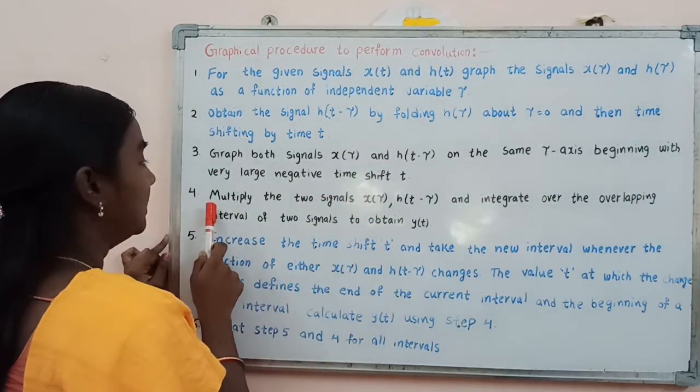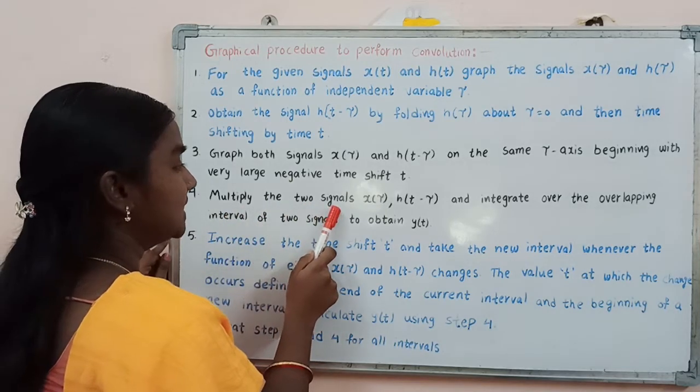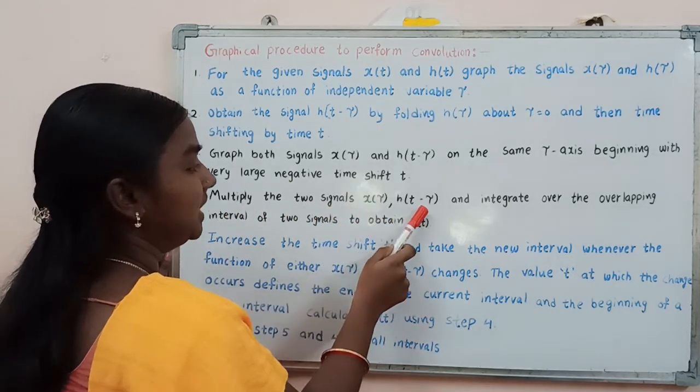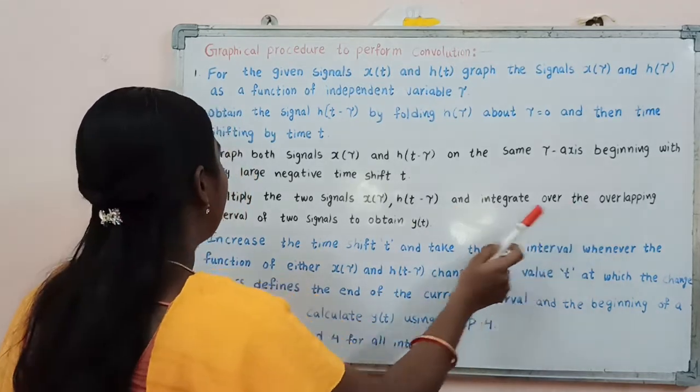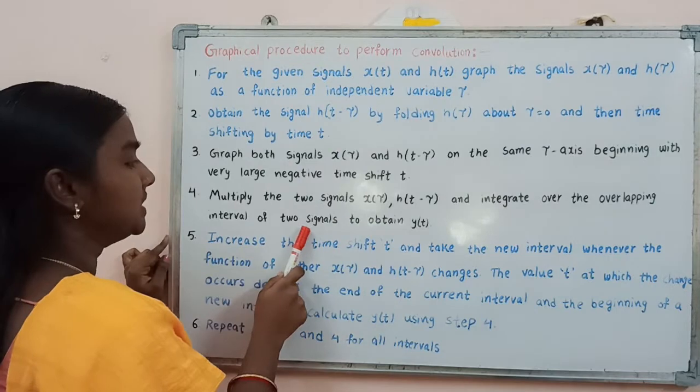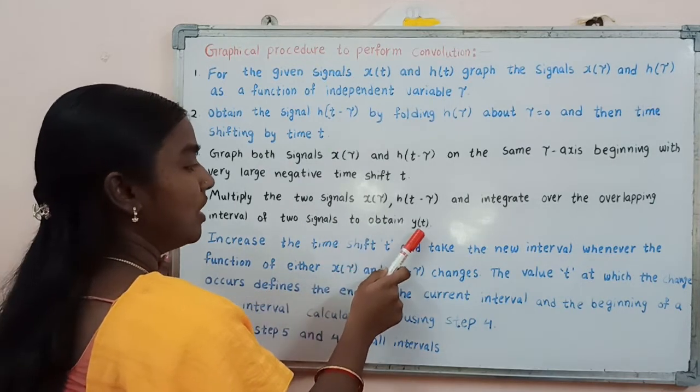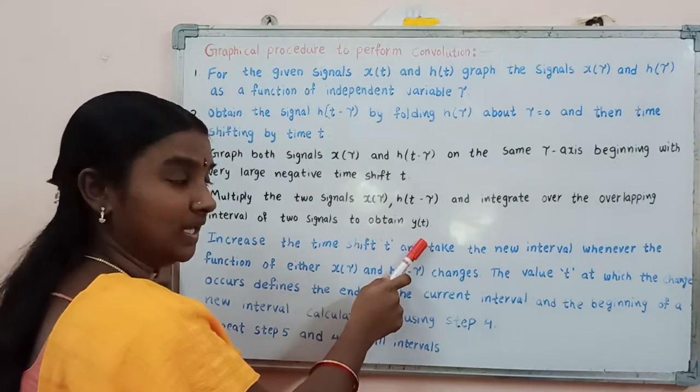Step 4: multiply the two signals x of tau and h of t minus tau and integrate over the overlapping interval of the two signals to obtain the output signal y of t.